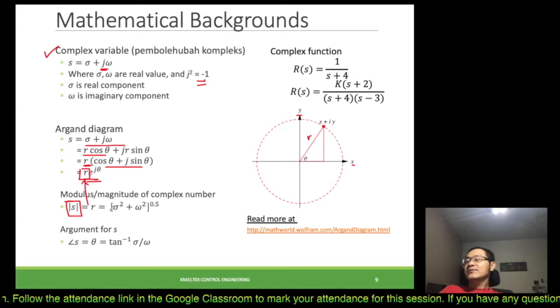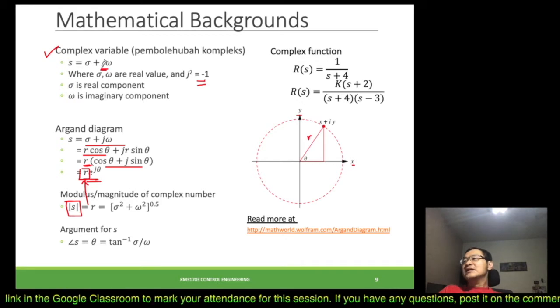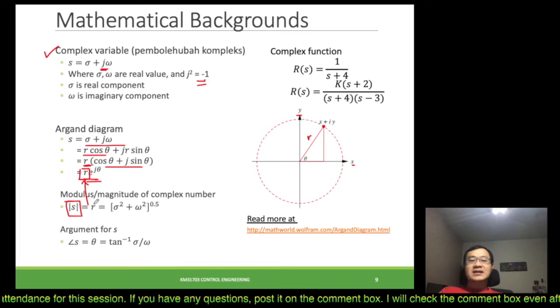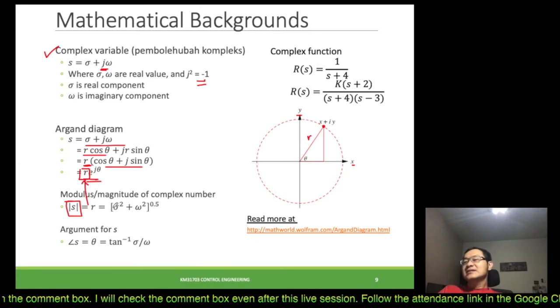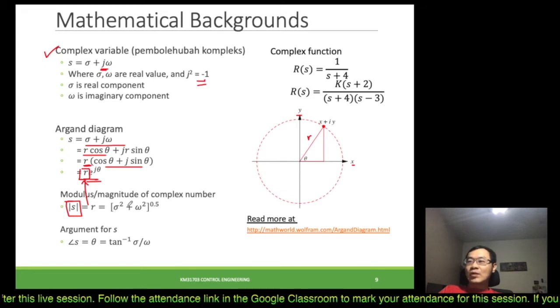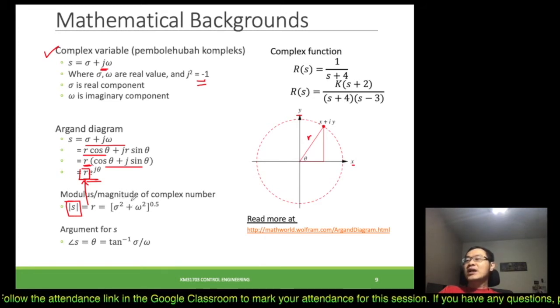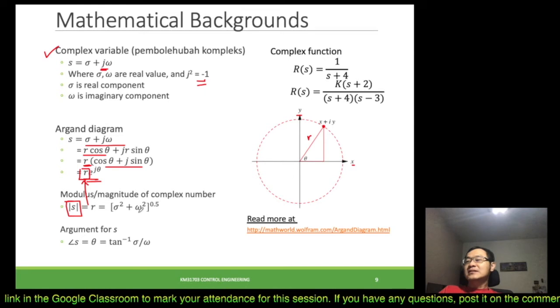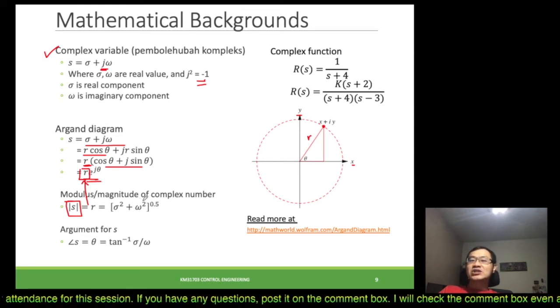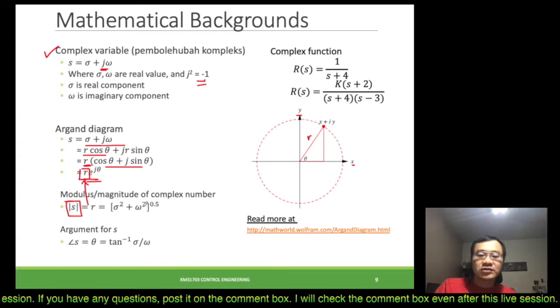If we are given a complex number, this r can be calculated as the square root of the real part squared plus the square of the imaginary component value.